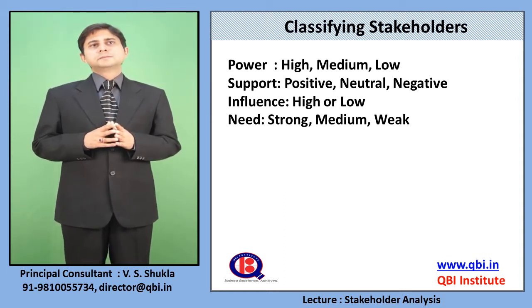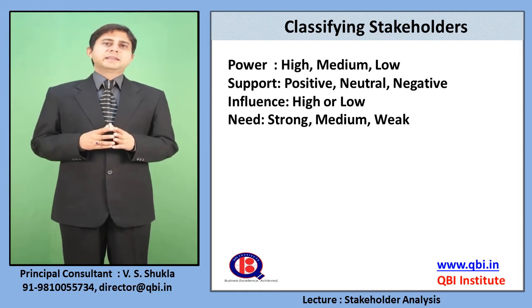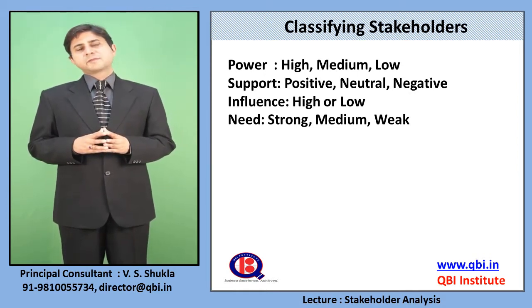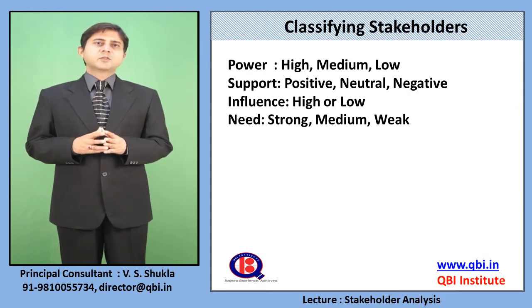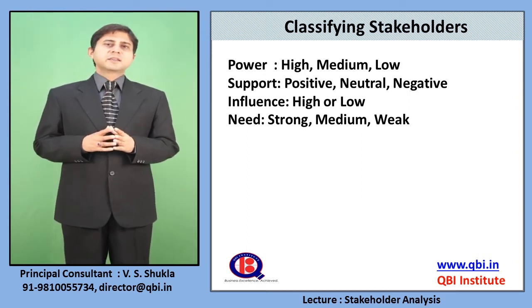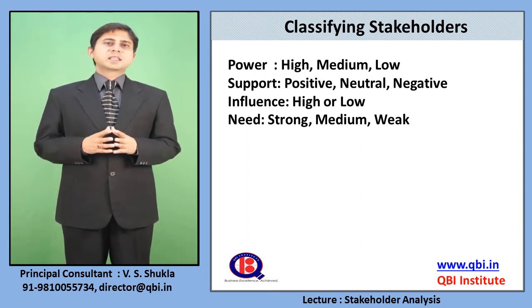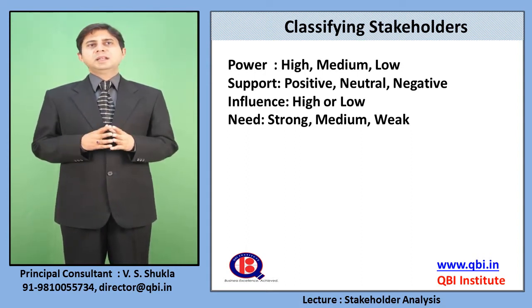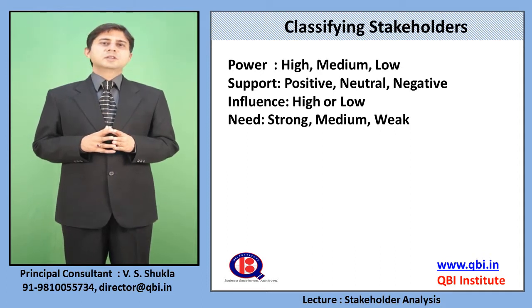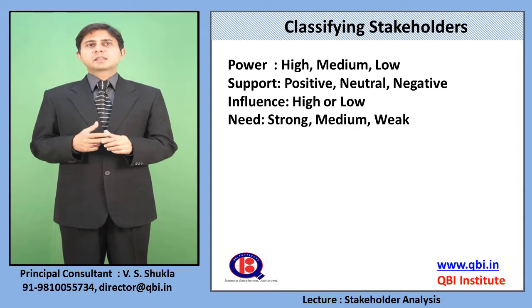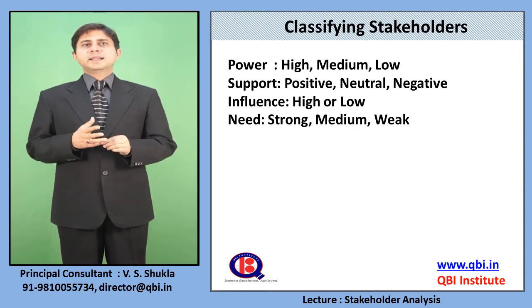His support, we can't say it will happen on the project. His influence, if he is active in the project, will be high. Otherwise, if he is not interested in the project, his influence is low. His need for the project is weak. So this is an example of how we can classify our stakeholders on the basis of these 4 parameters: power, support, influence and need.